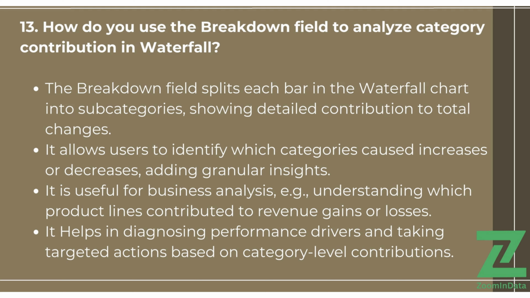It is useful for business analysis, for example understanding which product lines contributed to revenue gains or losses. It helps in diagnosing performance drivers and taking targeted actions based on category-level contributions.